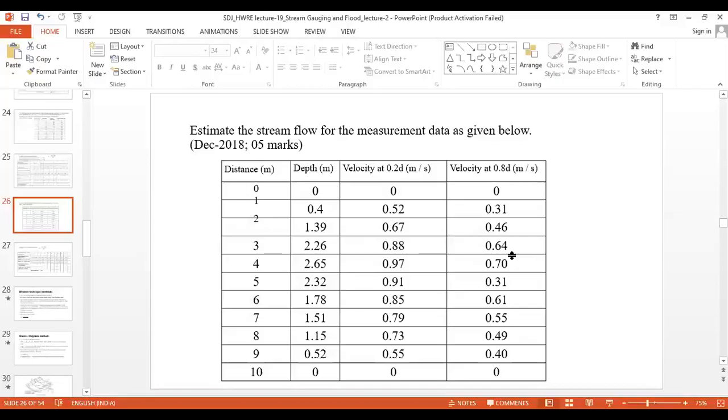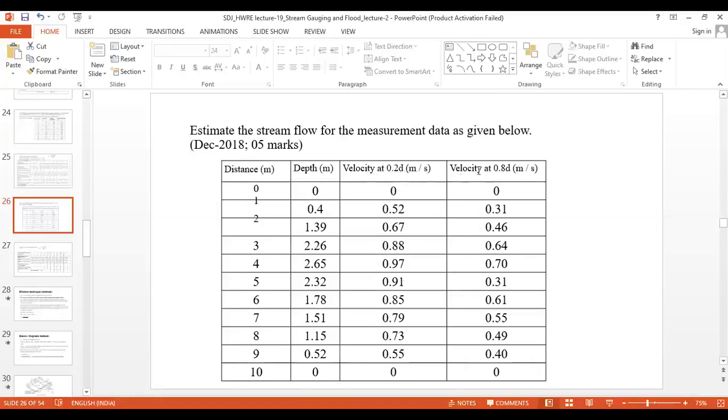So the values are given in terms of the distance from the left bank of a river. That is 0, 1, 2, 3, 4, 5, 6, 7, 8, 9, 10. It means that equal interval is there, so width will be simple to calculate. Then flow depth is given, and velocity at 0.2d and velocity at 0.8d is also given.